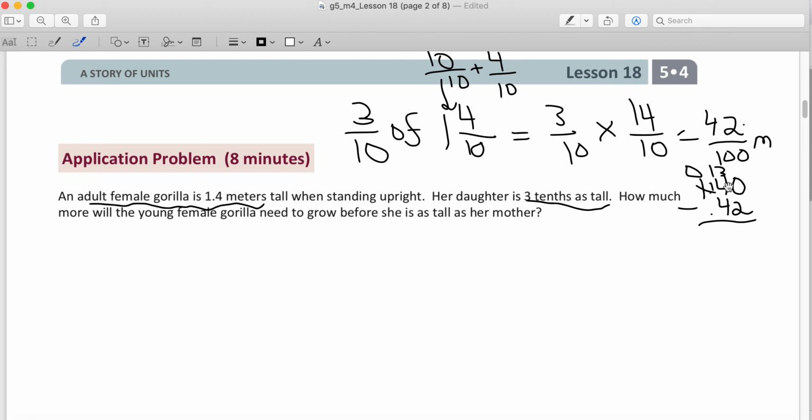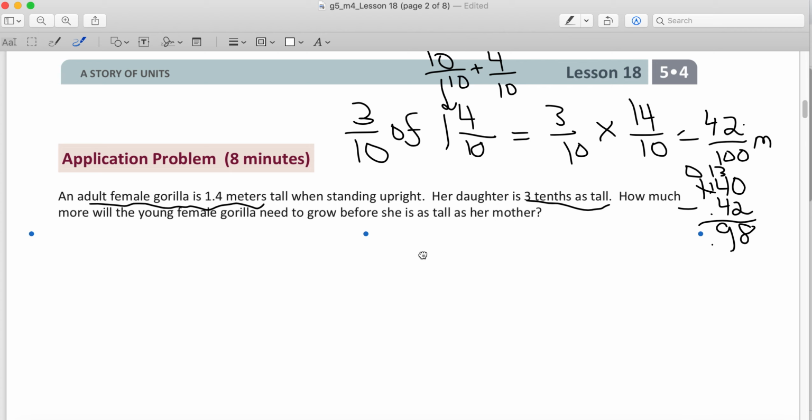You know, this is so wonky, right? So then that becomes 8, and this is 9 right next to it. And then where's my decimal point? There it is. So it's 98 hundredths, okay? That is how much more she'll need to grow before she gets to her mother's height.